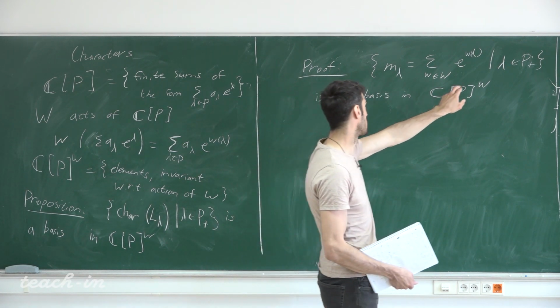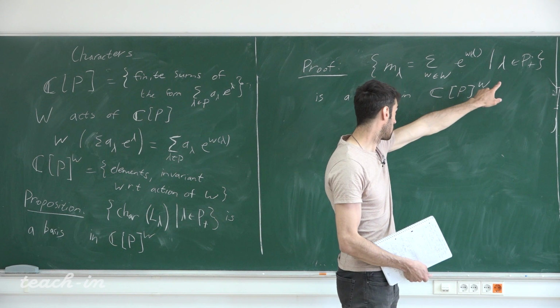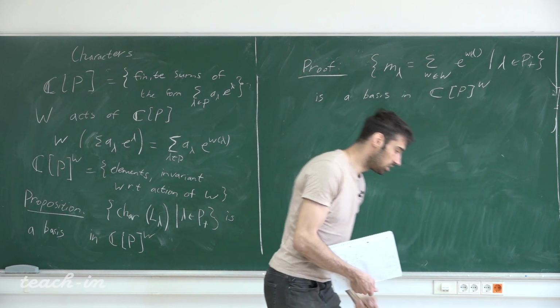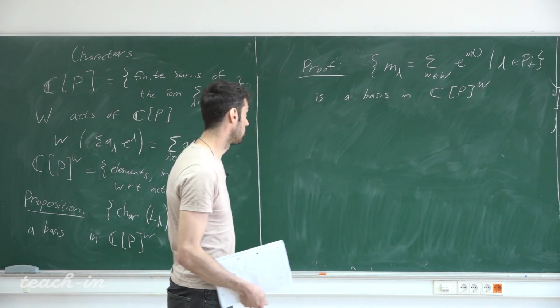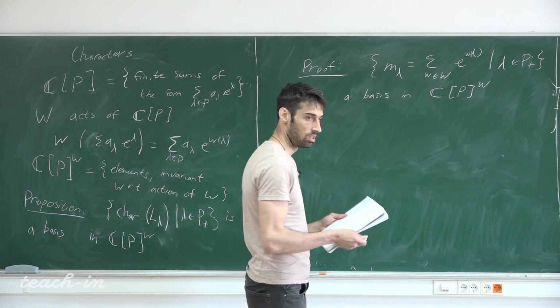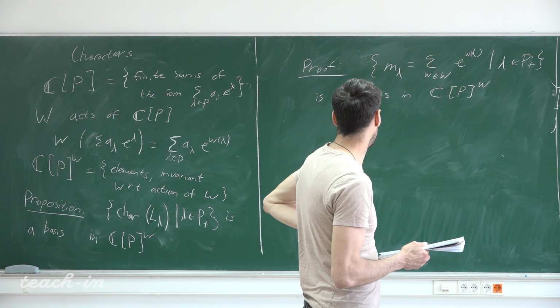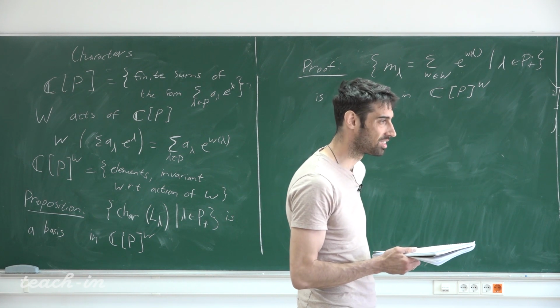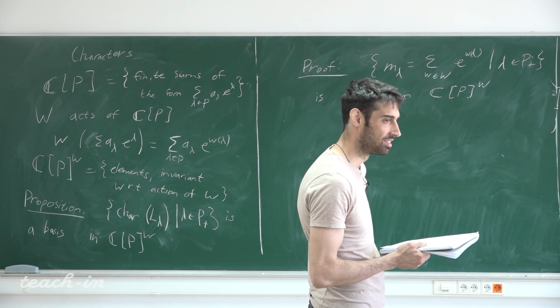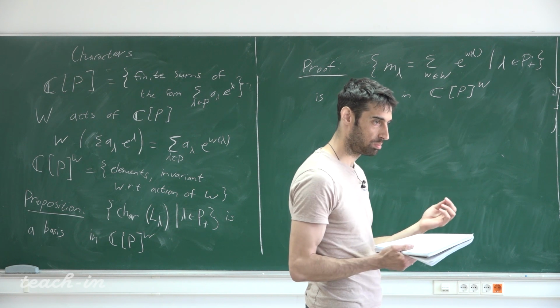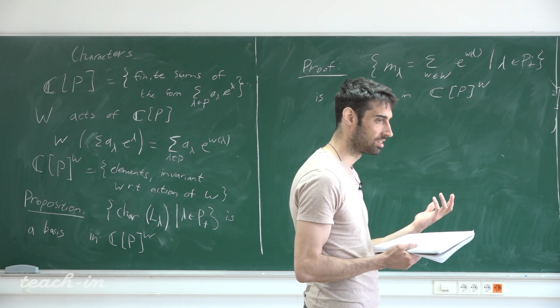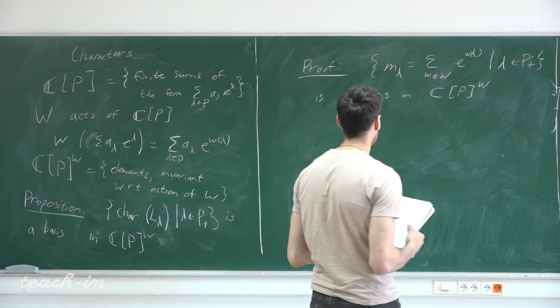Each such sum has a term e to the lambda, where lambda is in P plus, and then the rest is given by an action of the Weyl group. So the dimension of C of P W is just the size of P plus. Its dimension is infinite. So P plus is an infinite set.